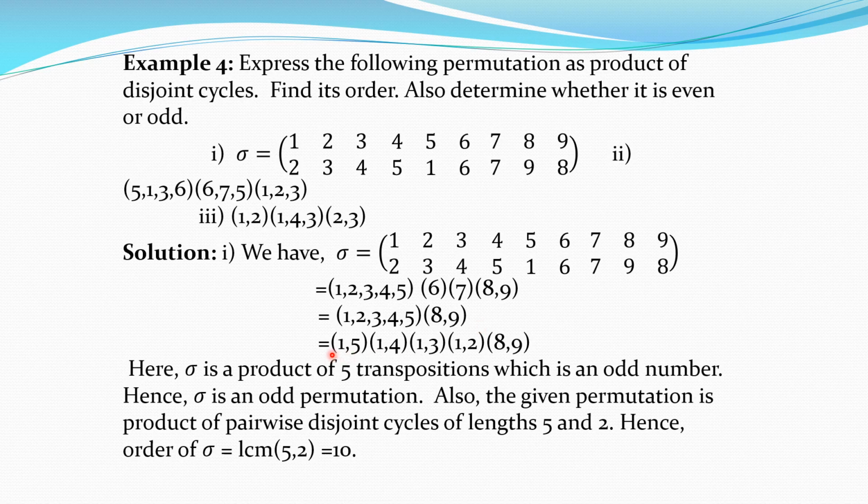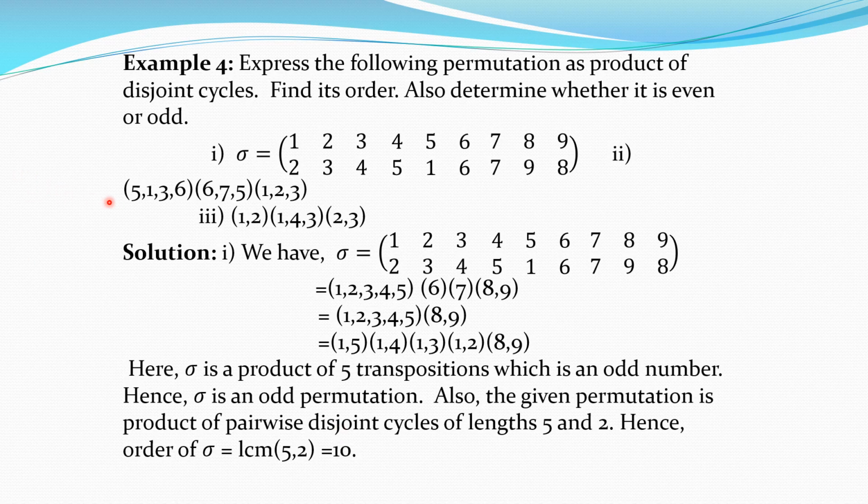So instead of considering this final part, we consider the previous step where we expressed sigma as a product of disjoint cycles. Here it is a cycle of length 5 and here it is a cycle of length 2. As it is a product of disjoint cycles of lengths 5 and 2, its order is the LCM of 5 and 2, which is 10. So, the order of sigma is 10.